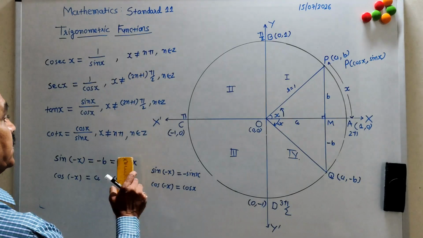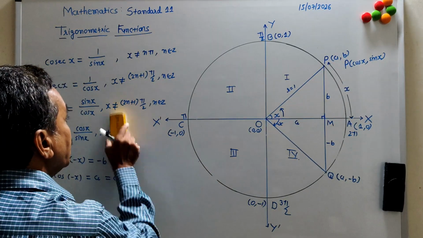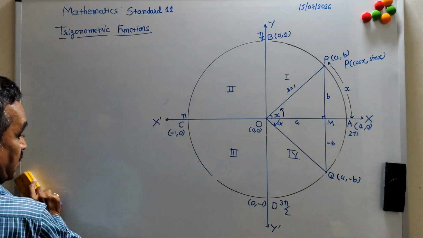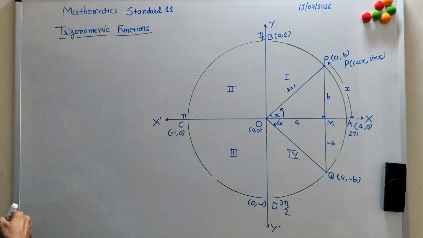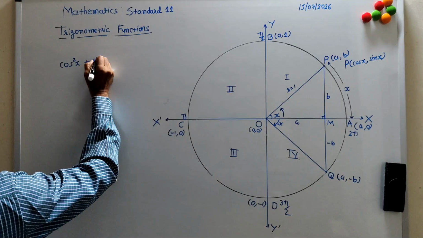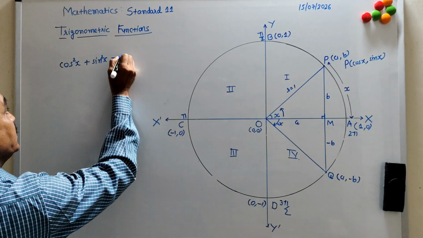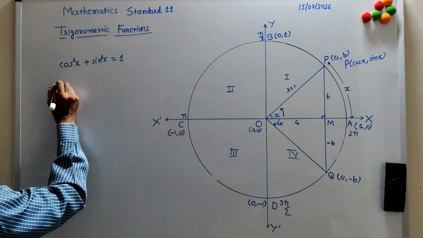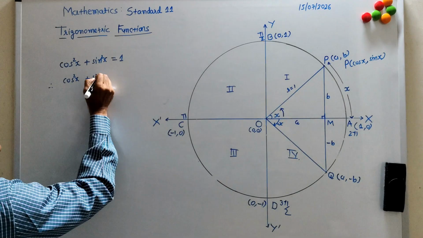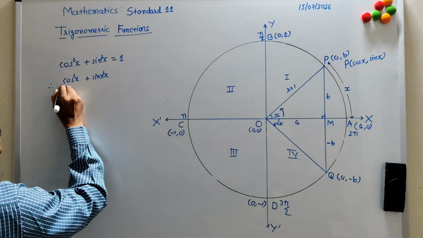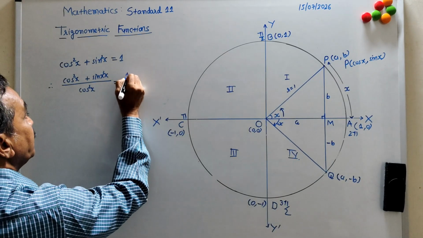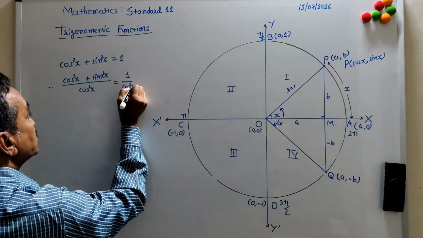Now we have just written that cos square x plus sin square x is equal to 1. This is an identity. Therefore, dividing cos square x plus sin square x by cos square x, we get 1 divided by cos square x.